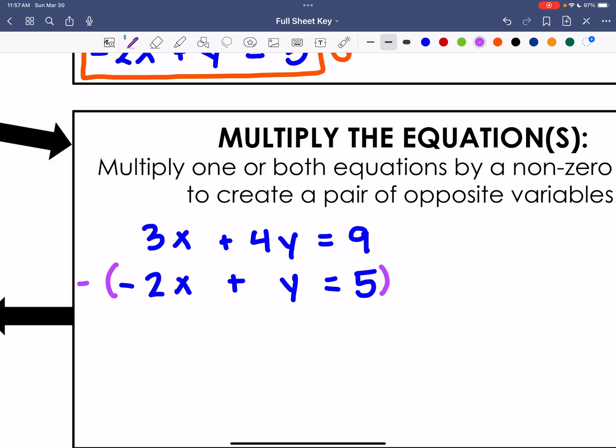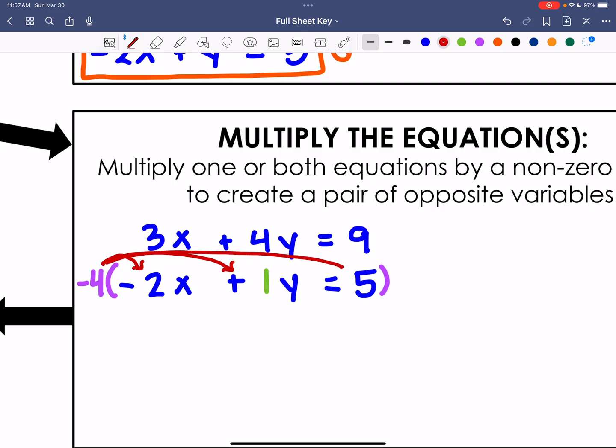So what I'm going to do is multiply everything by negative 4. The reason for that, up top I have positive 4. To eliminate that, I would need negative 4 on the bottom, and right now we really have a positive 1 here. So go ahead and we are going to multiply the entire bottom equation by negative 4.